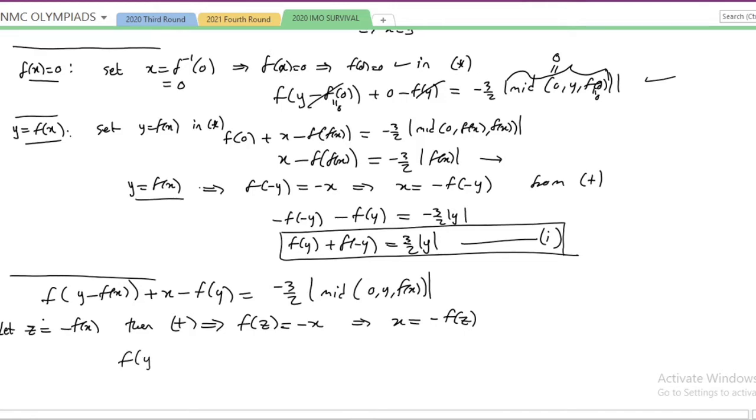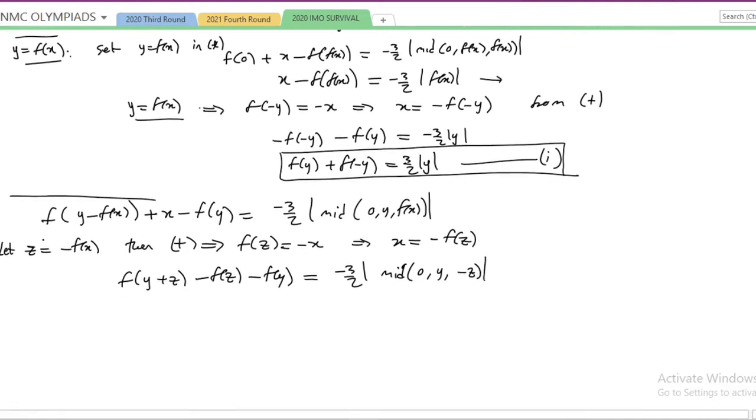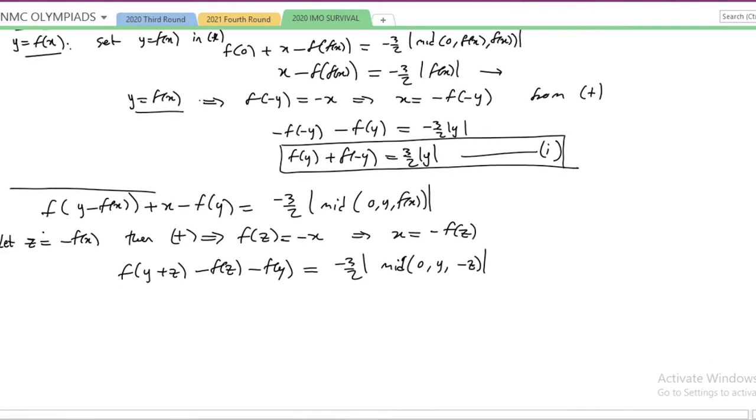So we have y plus z, then this is minus f of z minus f of y, and minus 3 over 2 mid of 0, y, and minus z. Okay, so writing this way, we get something that looks nice partially.